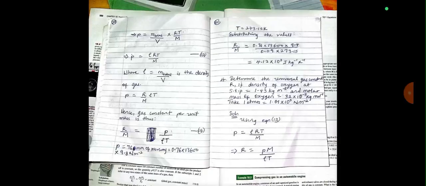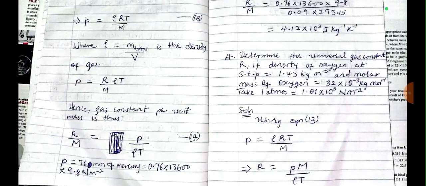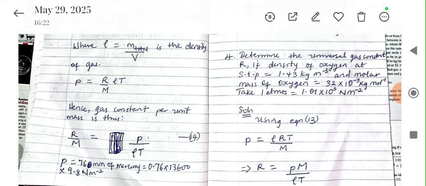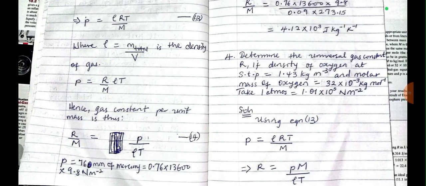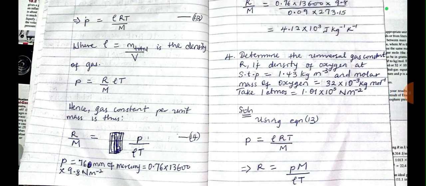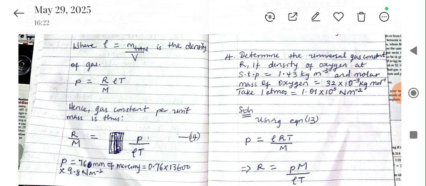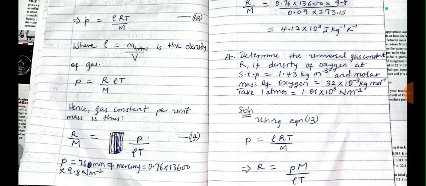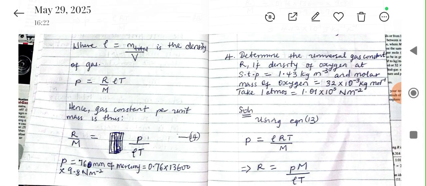So the pressure of a gas at standard atmospheric temperature and pressure is this. If it is 760 millimeters of mercury, you know that this pressure is, from our former derivations, height times density times acceleration due to gravity.